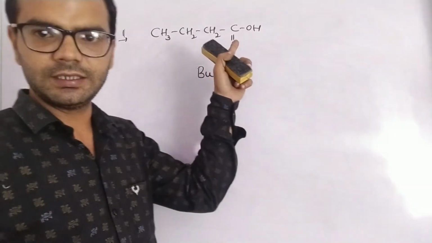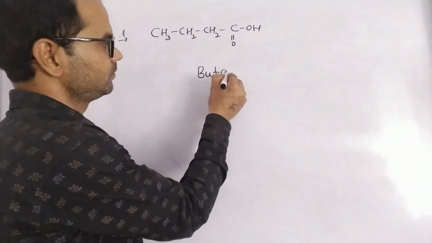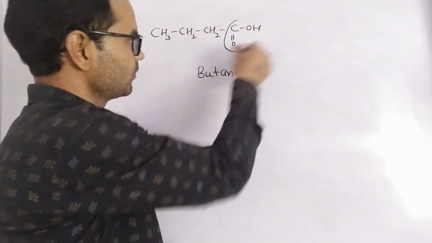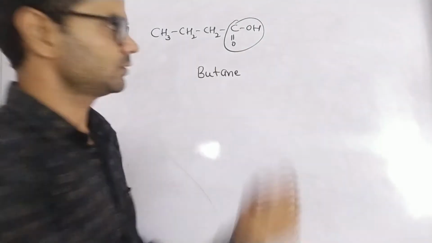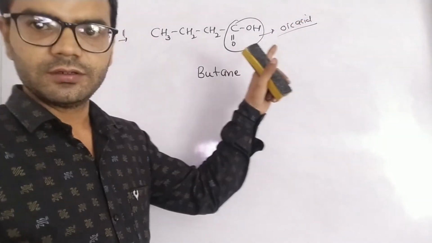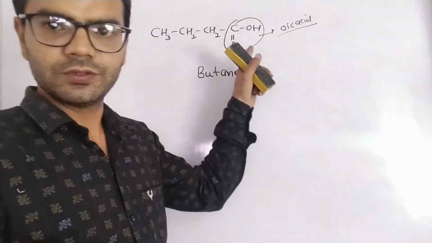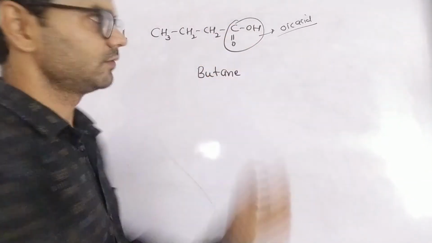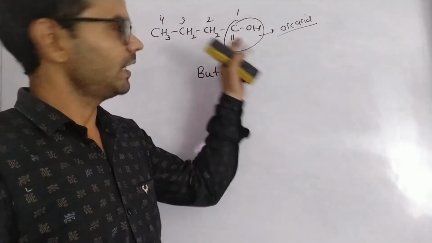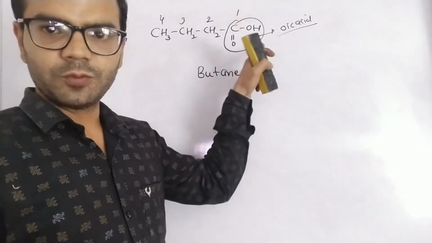And all the carbons contain carbon-carbon single bonds, so its primary suffix will be ane. Next, this is the functional group COOH. Its suffix is oic acid, and this functional group is a carbon containing functional group, so the lowest number will be given to this carbon. So at first position the oic acid group is present.